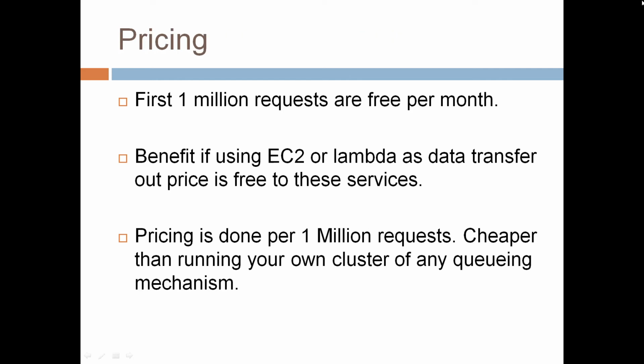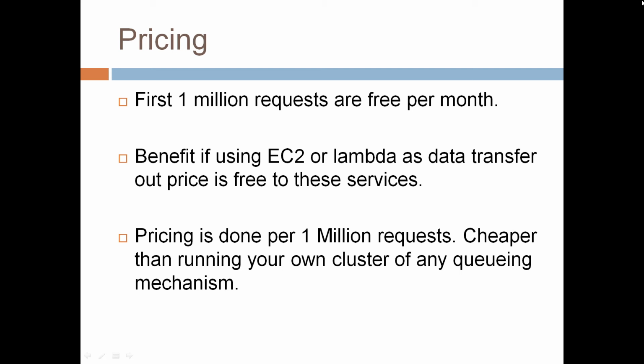Coming to the pricing part of SQS, the first 1 million requests are free per month. So that means if your usage is like 10k requests, 50k requests, you can literally run free on Amazon SQS for the entire year and the coming years. That's the benefit that you get from Amazon SQS.